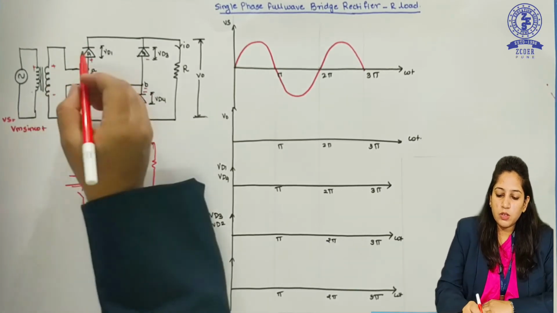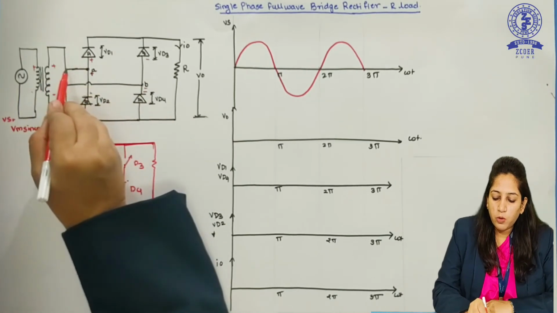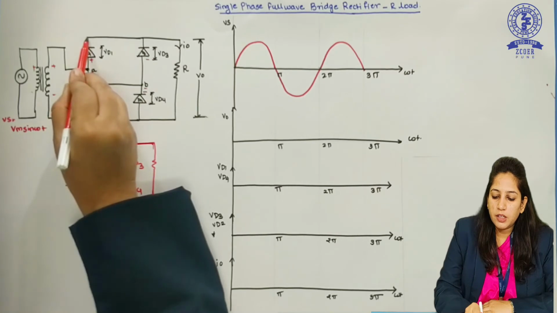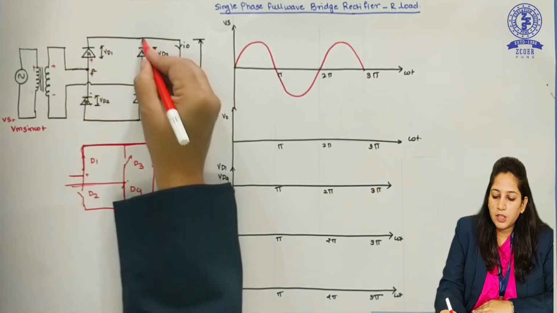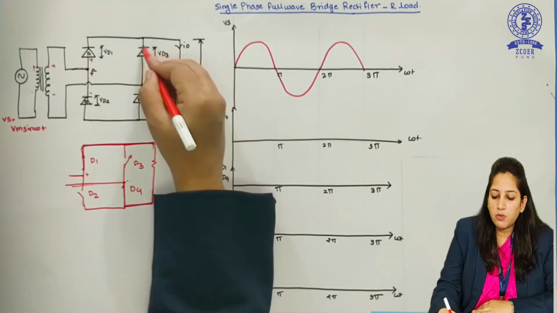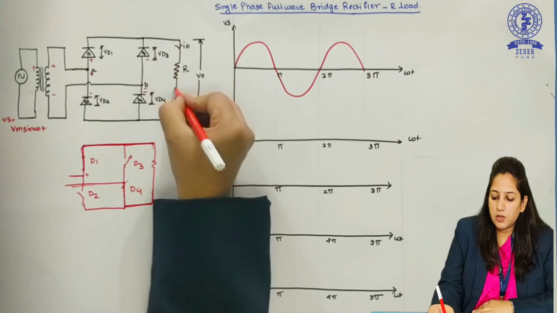Okay. Here also see the current will flow from this direction in this way. D1 is conducting, it will come here. At this point there will be two branches, but D3 is open here due to reverse bias, so it will not flow, it will flow through this resistance.